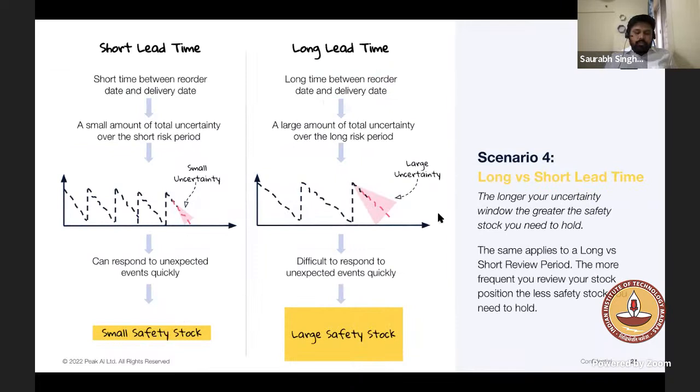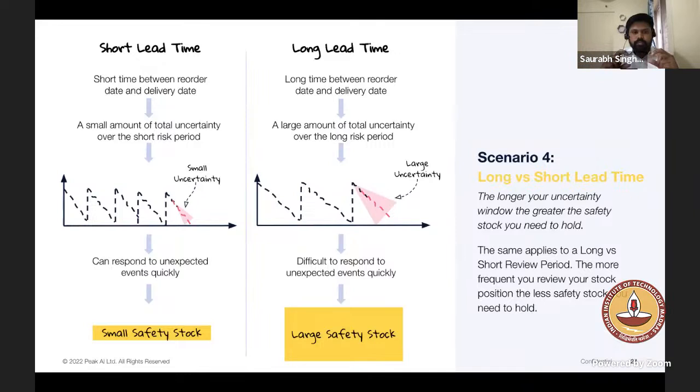Now, there is one more aspect to it, which is your lead time. What is lead time? Lead time is the amount of days or time between when you order a material or a product and the time when it is received. So suppose I ordered X number of units today and they usually arrive in 1 month, or sometimes in 1 week, or it can take a year.